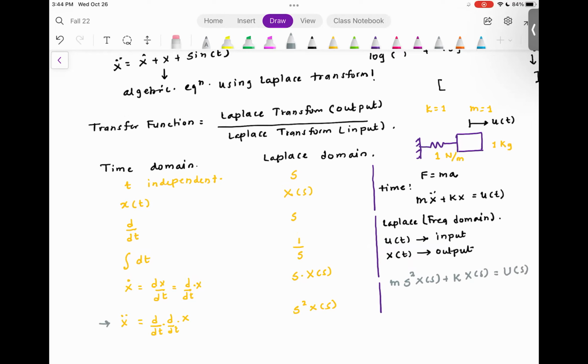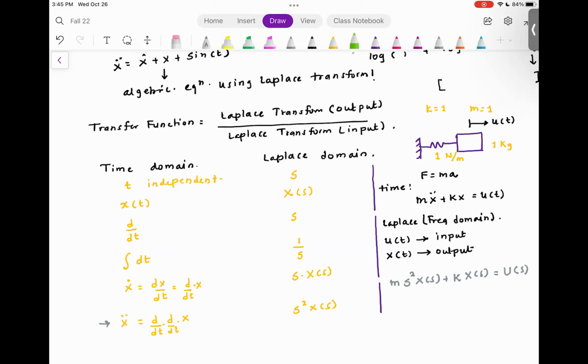So what I have is the equation in the time domain, and the equation in the frequency domain or Laplace domain. Why is this in Laplace domain? Because my independent variable is s and my dependent variable is X of s. And this is an extremely important point to note. Do you remember in my time domain equation, I had those dots.